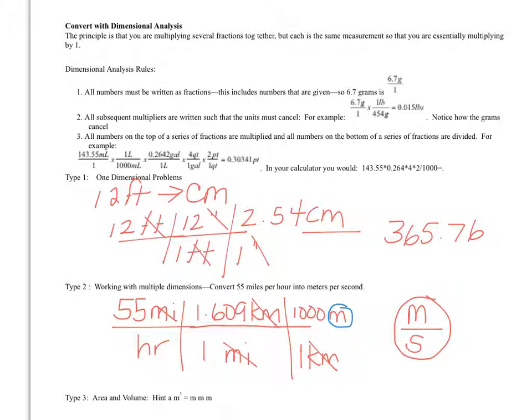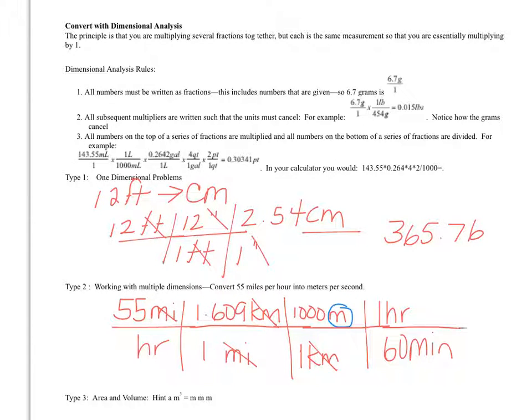Now I want to go back and look at hours. What is a conversion factor between hours and some unit of time that we know? Okay, good. So 1 hour is 60 minutes. I'm not there yet.